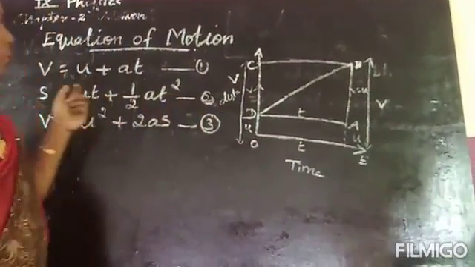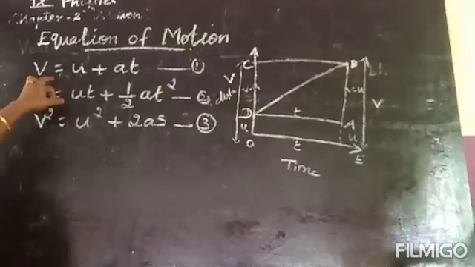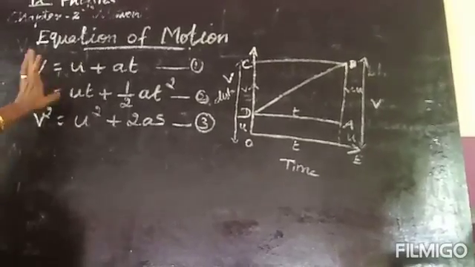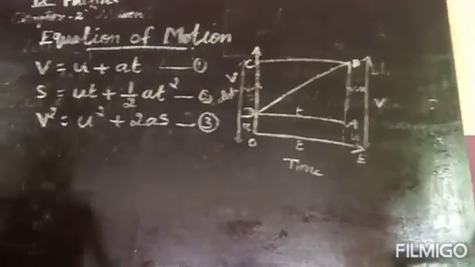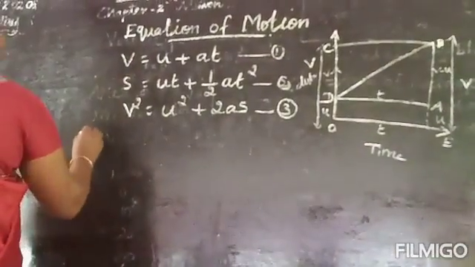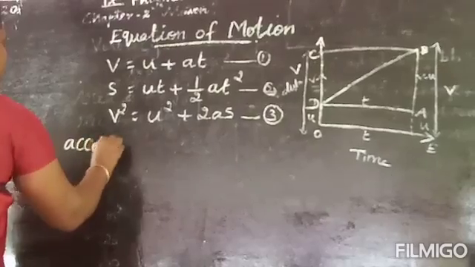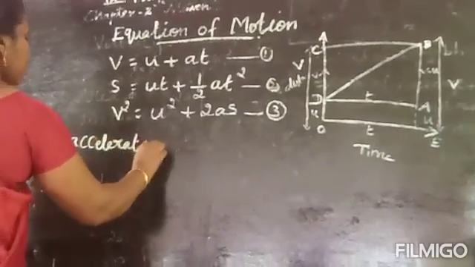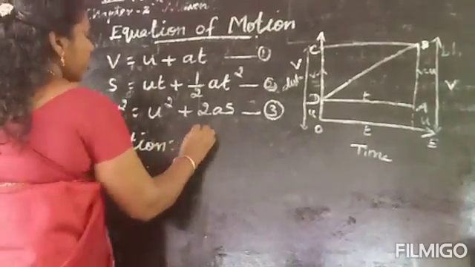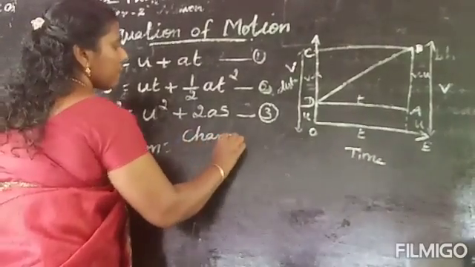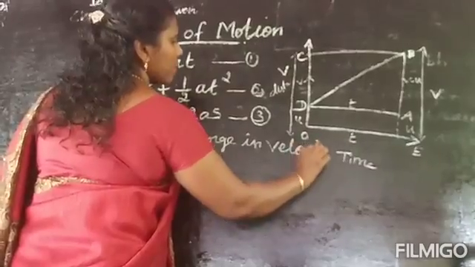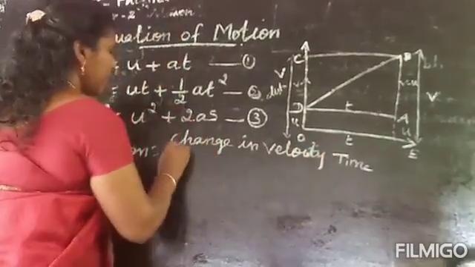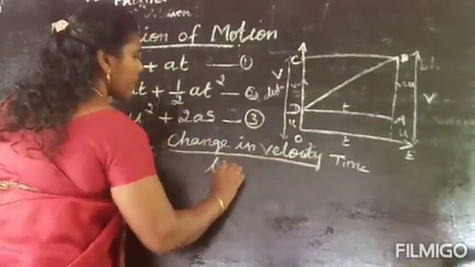Okay, now we are going to derive the first equation, V equal to U plus AT. Here we have already learned the formula for acceleration. What's the formula for acceleration? Acceleration equal to change in velocity divided by time.